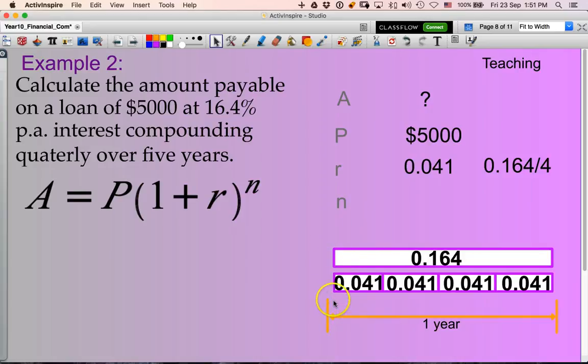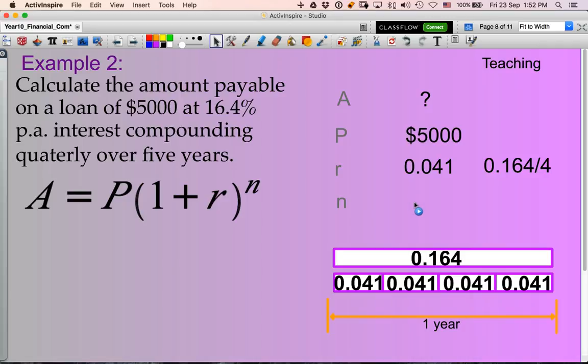If this length from there to there is 0.164, that is my per annum interest rate, that can be split up into 0.041 4 times. And the number of times that the interest is going to be calculated, well, it will be 20.